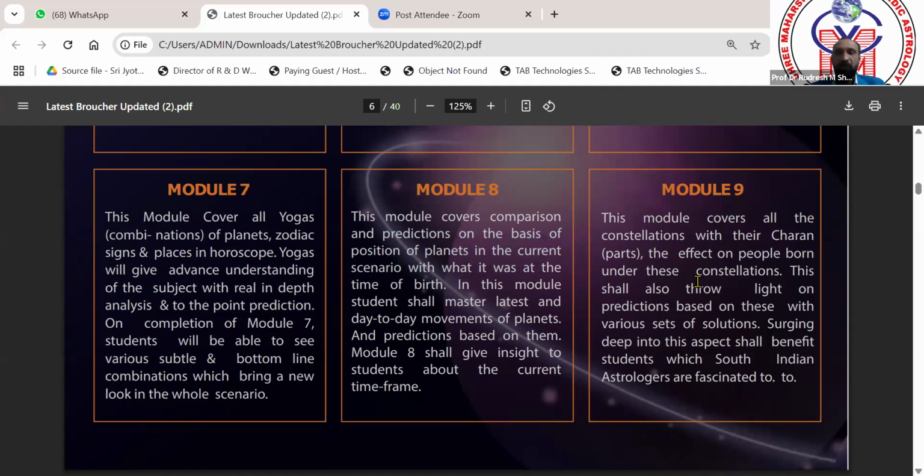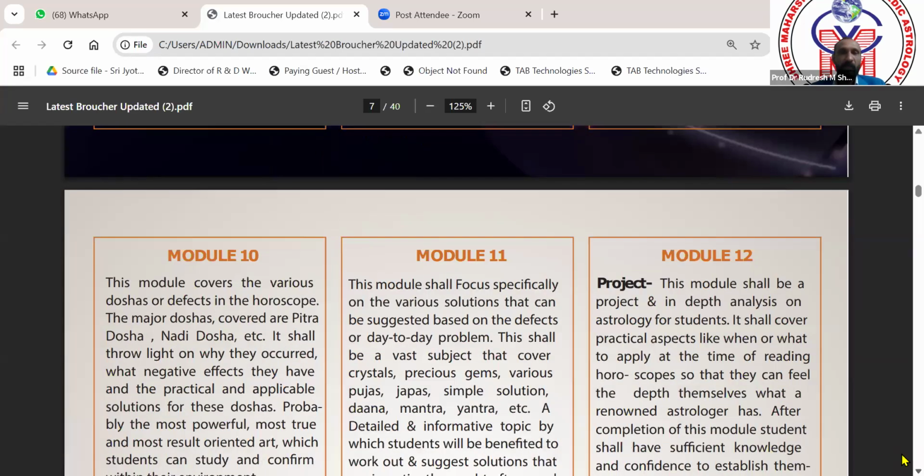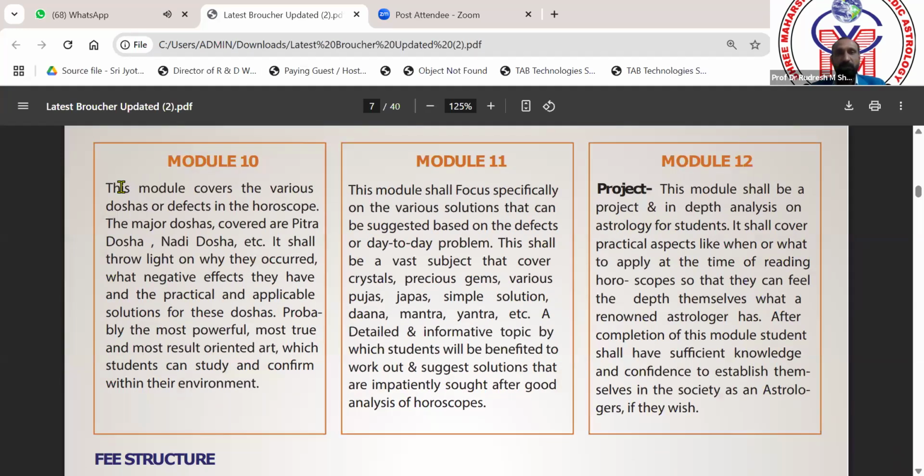And your module 9 will consist of the predictions based on all the 27 constellations, that is the nakshatra, where you will be learning the 108 divisions in Vedic astrology. Your module 10 consists of the major doshas, right?